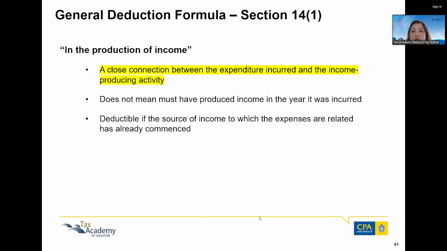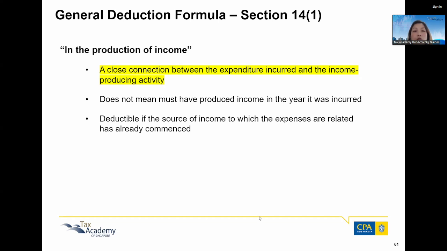If the expenses are incurred before the income has commenced, they are not allowable for deduction under Section 14(1), because it is not in the production of income yet. However, pre-commencement expenses incurred within 12 months before the first dollar of income is earned are allowable under Section 14R.